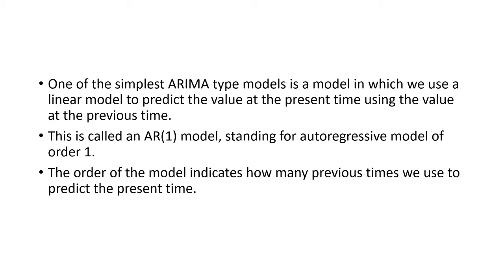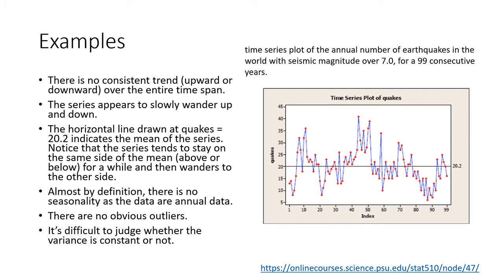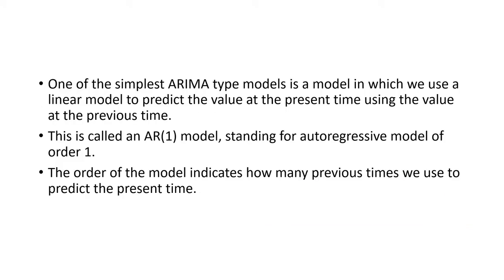So the simplest ARIMA model for this one, where there is no trend, there is no seasonality, is to use auto-regressive lag 1 or auto-regressive order of 1.